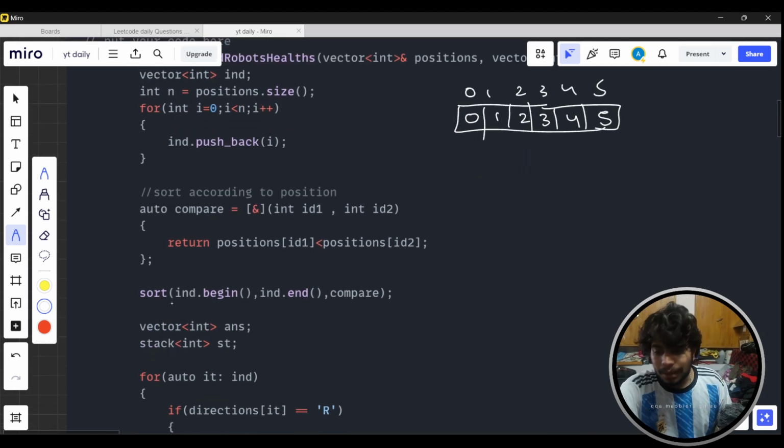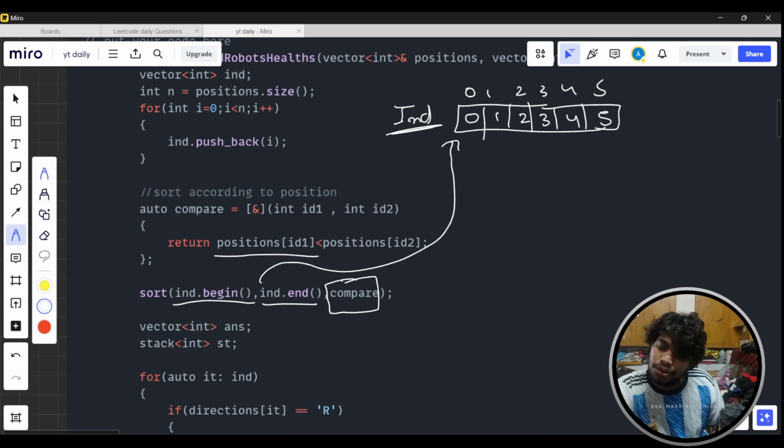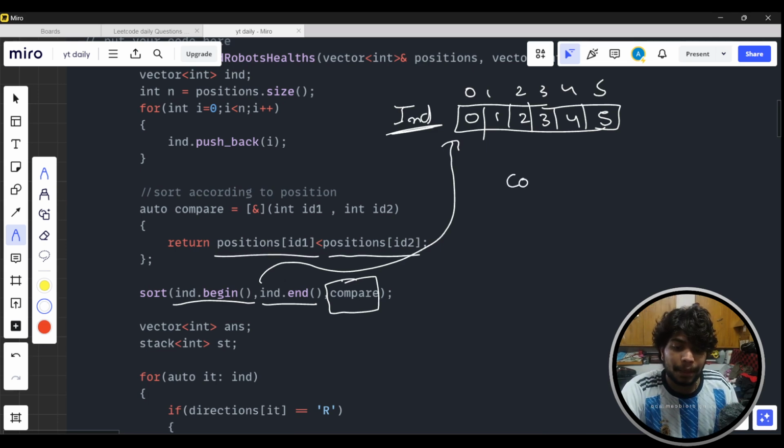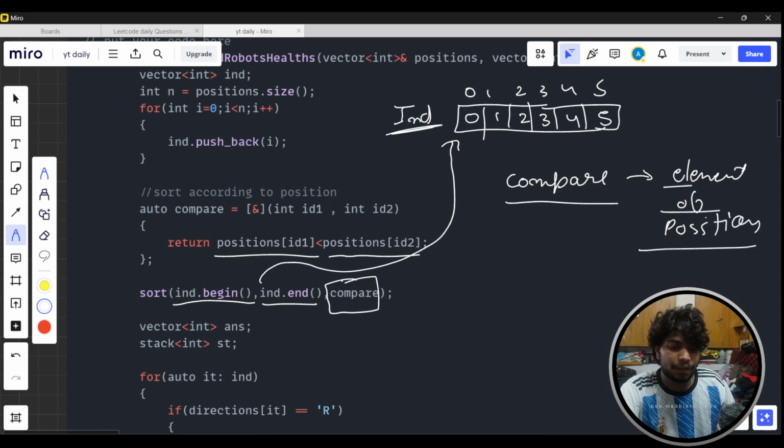Now I'm sorting the index array based on a compare function, and in the compare function I am comparing the elements of the position array.